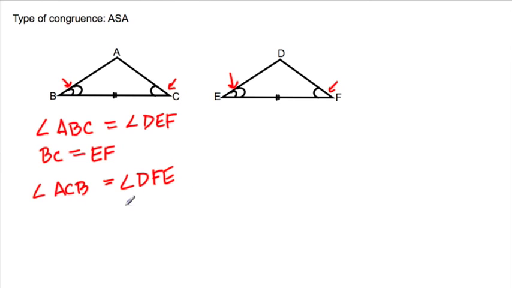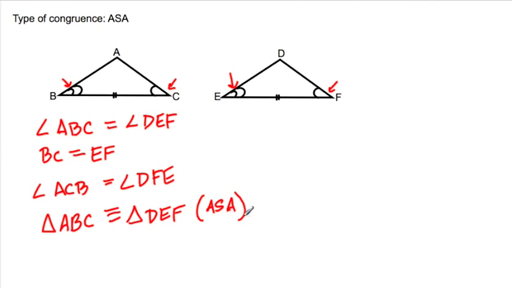So triangle ABC is congruent with triangle DEF, and that is due to angle-side-angle congruence. It passes the angle-side-angle test.